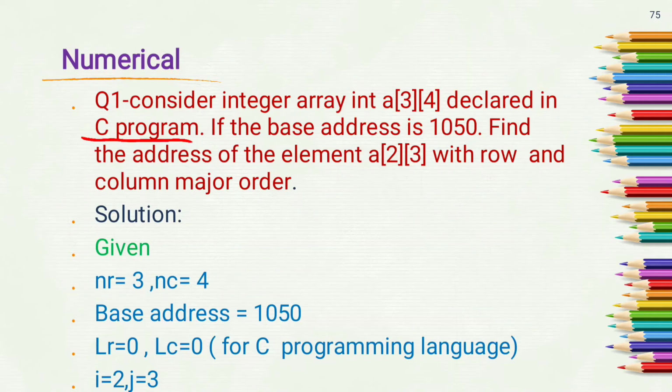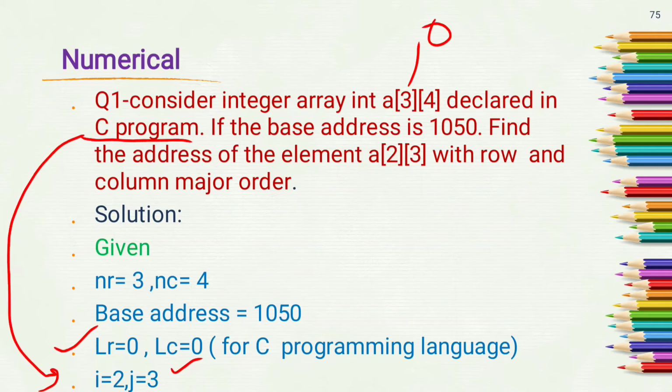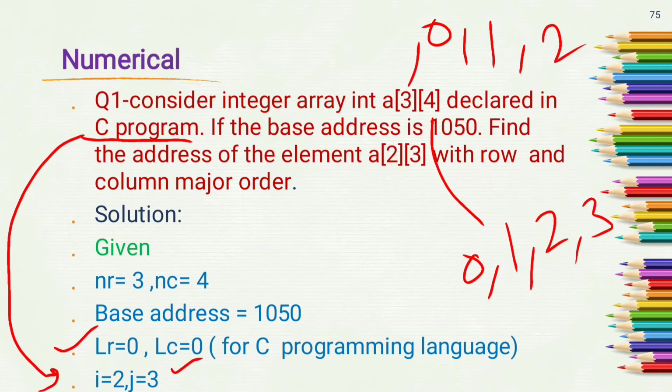It is declared in a C program, so the lower index of row and lower index of column will be 0. As there are 3 rows, that means we have rows 0, 1 and 2, and 4 columns means 0, 1, 2 and 3. So lower index of row is 0 and lower index of column is also 0.